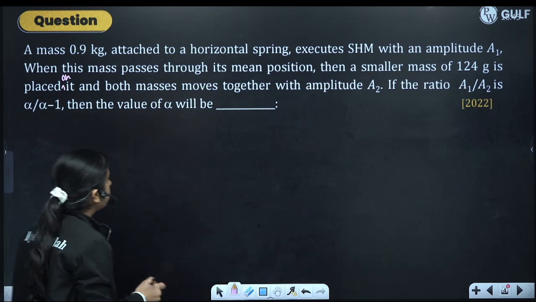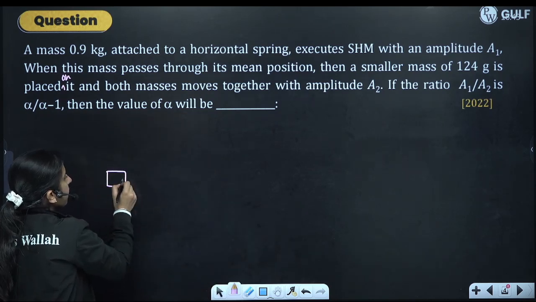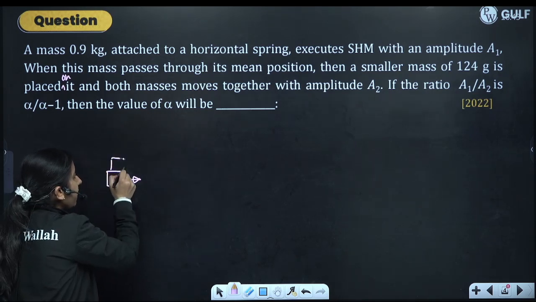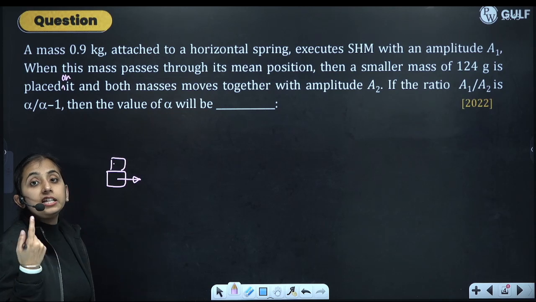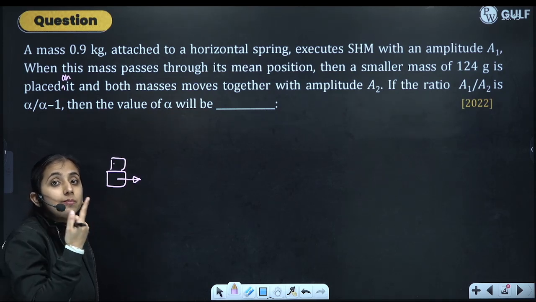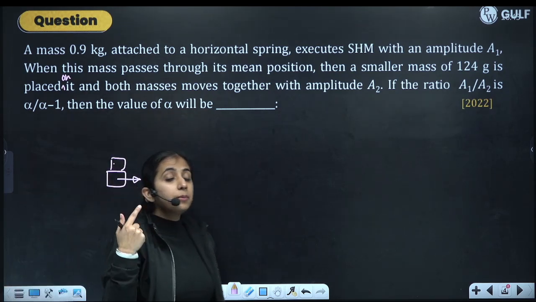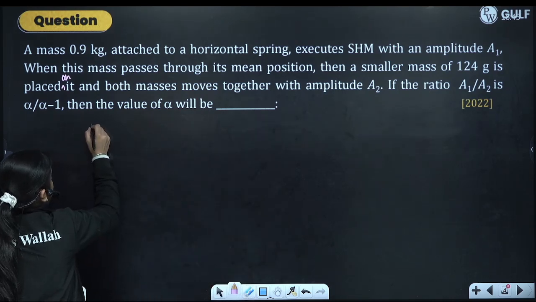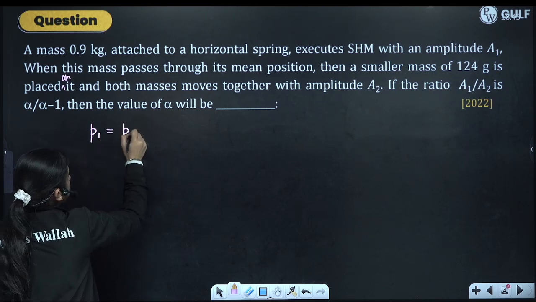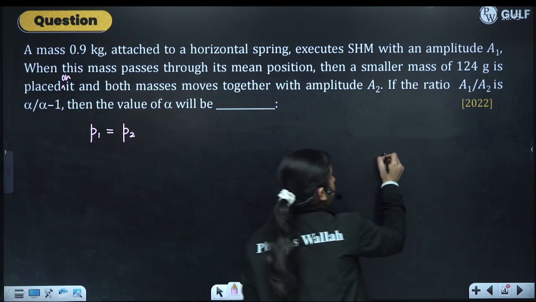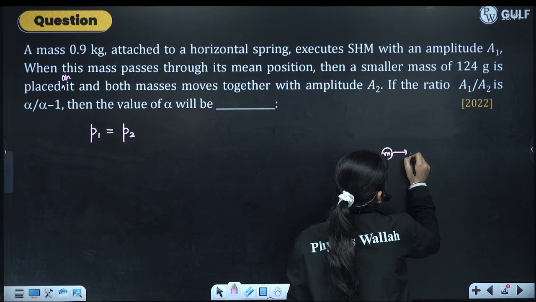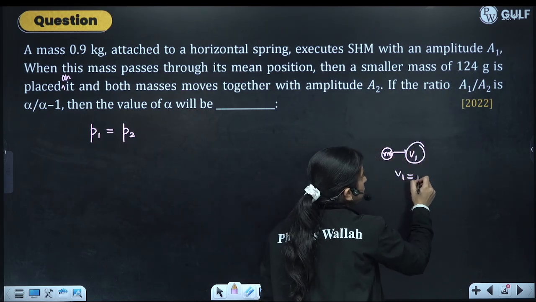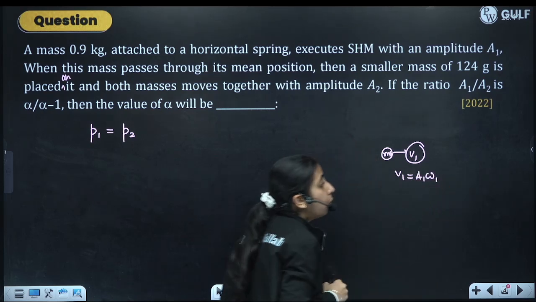Now see what happens when the first mass is passing through mean position, then we place a second mass on it. Initially there was momentum m1 v1, finally the momentum will be m2 v2. So if we have v1 velocity at that point, so m1 was moving with v1, and because it is passing through mean position, v1 will be A1 into omega 1.